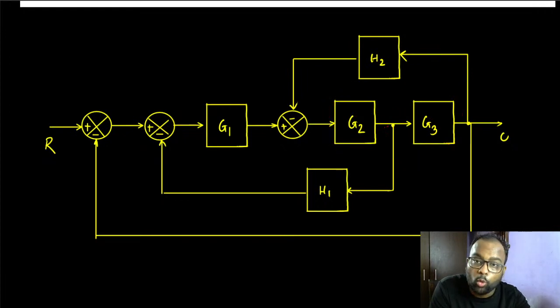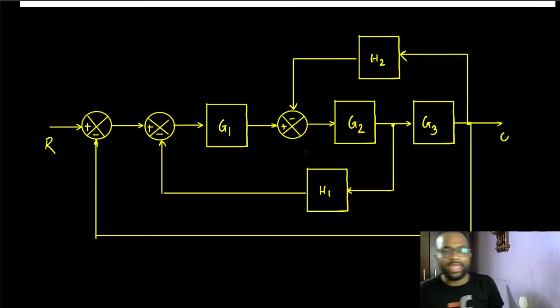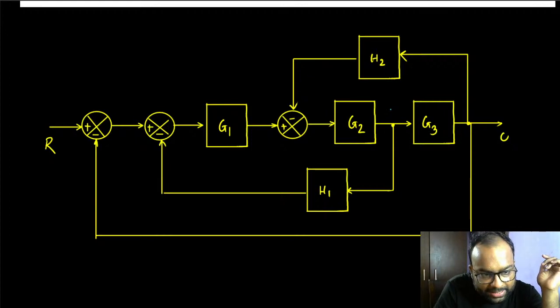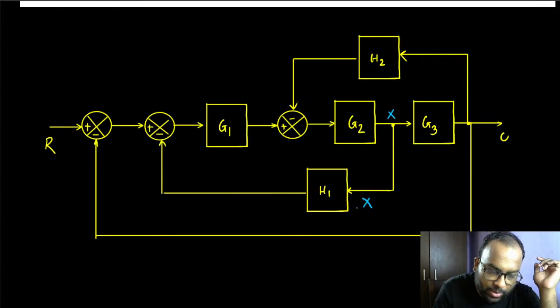So let's try to move this branch point. Now, what do I mean by saying we want to move this branch point? We want to keep the equivalence, the input-output equivalence intact. Let's say the signal that appears here at this point is called X. So X is the signal that goes into this as well.